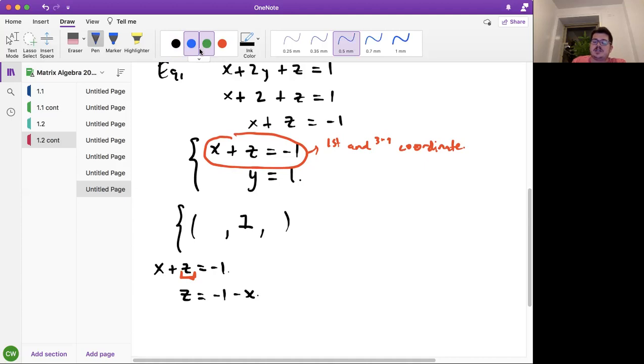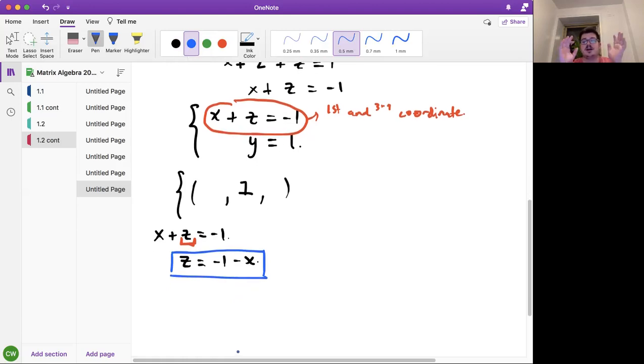So let's think about this abstractly as just a linear system. Forget about the second variable. This is saying that there is kind of a line-looking thing, z equals -1 minus x, going on in our solution. So what is the restriction on solutions?